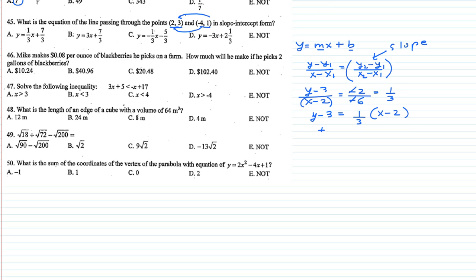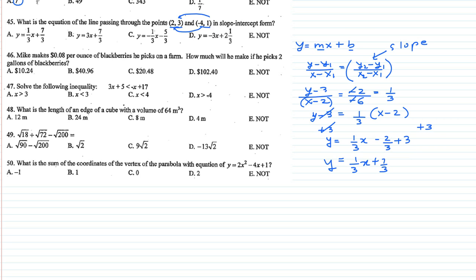And then I can add 3 on both sides. So this 3 cancels with this, and I get y is equal to 1/3 of x minus 2/3 plus 3. So this can be written as 1/3 of x plus 7/3.